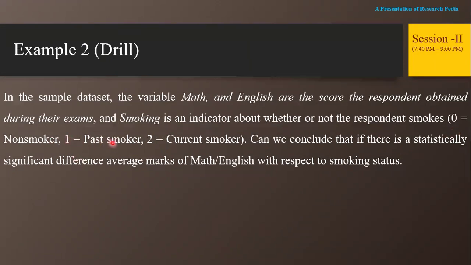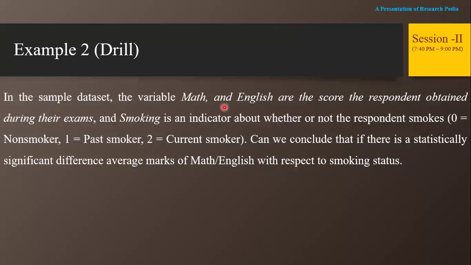If a person is a past smoker, it will be indicated by 1. And if a person is a current smoker, it will be indicated by 2. Can we conclude that there is a statistically significant difference in the average marks of math and English with respect to smoking status? Please analyze example number 2 that I have given to you. You have 5 minutes to complete it. If you have any questions, you may ask in the recording.